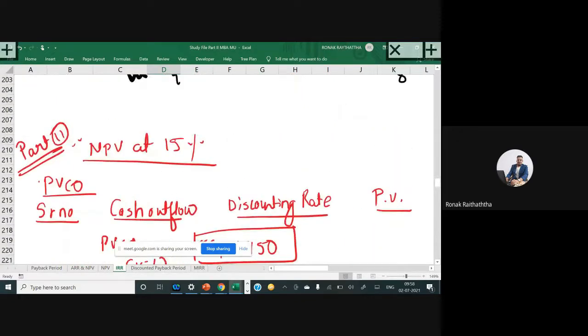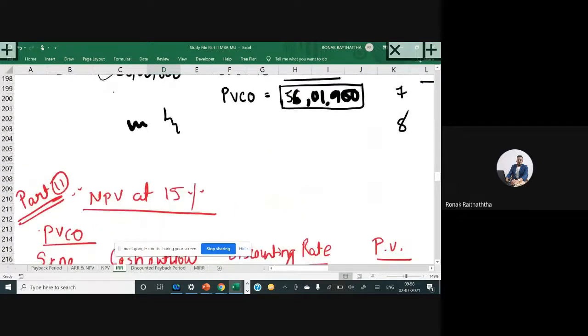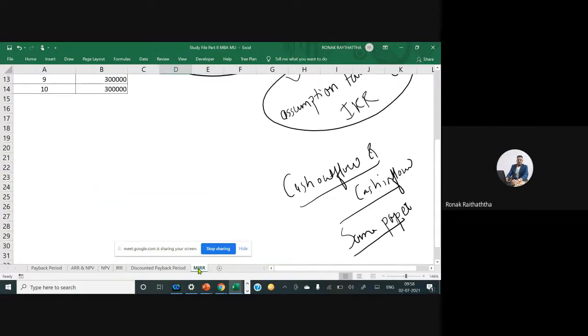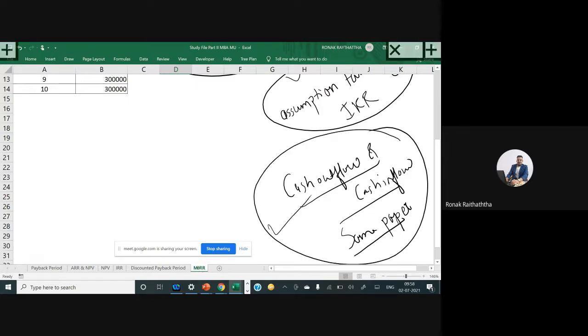For inflows as well, you had discounted at say 10% or 15%, and outflows too were discounted at 10 or 15%. So IRR assumes that cash inflows are reinvested at the IRR itself. On both cash inflows and outflows, the discounting rate applicable is the IRR itself, which is the fundamental assumption of the IRR, and that's where the problem is.